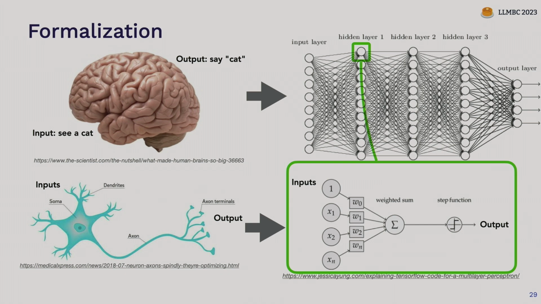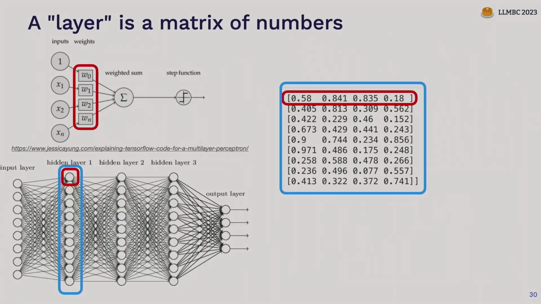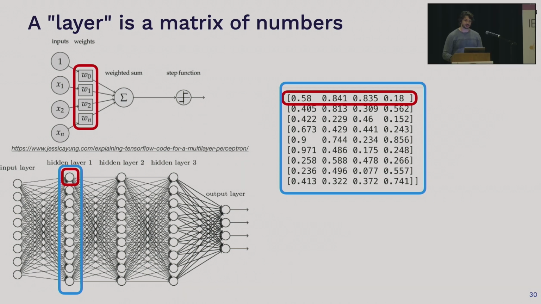So this simple input that you might want to put into the model needs to be transformed into a vector of numbers. And then at each step in the neural network, you do a matrix multiplication, where you take that vector of numbers and you transform it into another vector of numbers. And as you do that more and more times with some other functions applied in between, you are able to produce really, really complicated transformations.